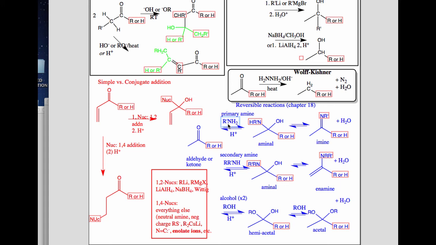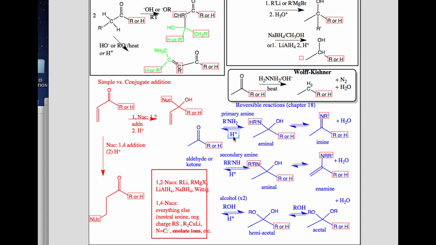In particular, in Monday's ChemActivity 23B we're going to concentrate on the addition of primary and secondary amines, where primary means the nitrogen is attached to only one carbon and secondary means the nitrogen is attached to two carbons, and alcohols as weak nucleophiles.